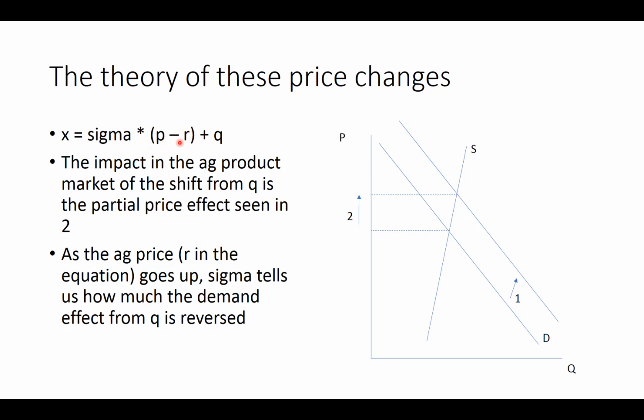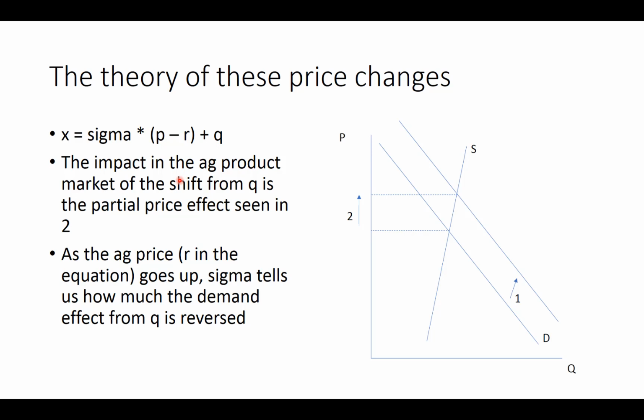Sigma times negative R means that you're going to get this first shift that comes from the variable Q, and then the second part is going to be to back down. Whatever the full shift was just from the Q part, you're going to back down because the price in the ag market, the price on this axis that would be better represented by an R, is going to cause a reduction in demand. Okay, you're going to get a second shift.